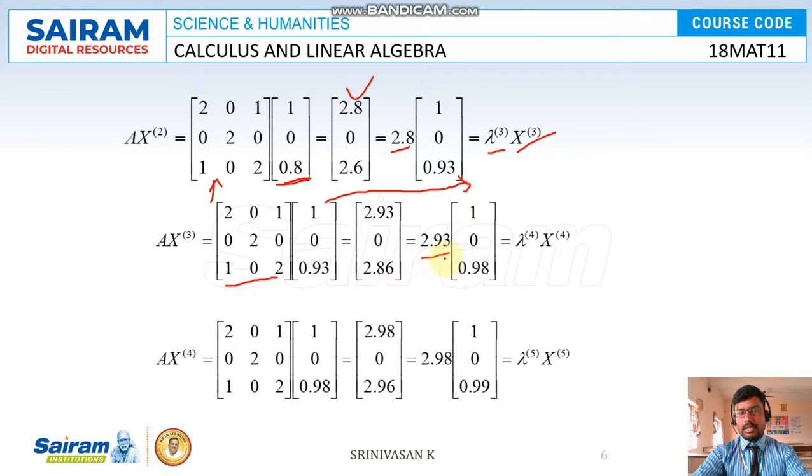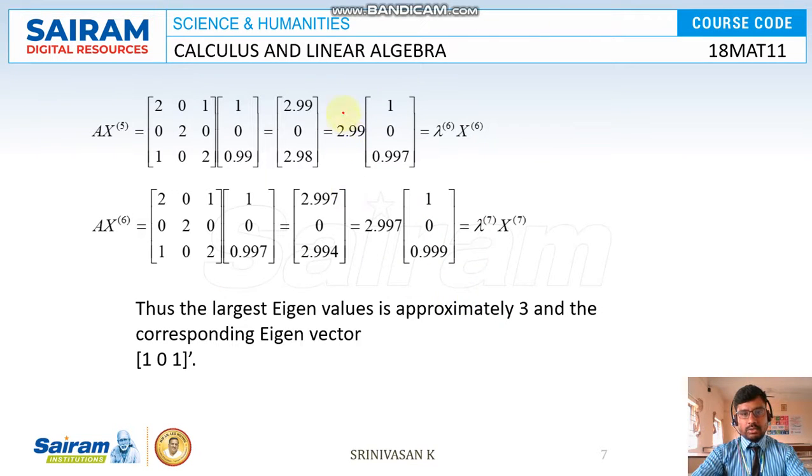Here 2.93, here 2.8, it's not equal, so I continue to the next step. Again the same procedure. Comparing, it's not equal, so I move to the next iteration. I get 2.99 and the previous one is 2.98, not equal. Again I continue, and I get 2.99, and here also 2.99.